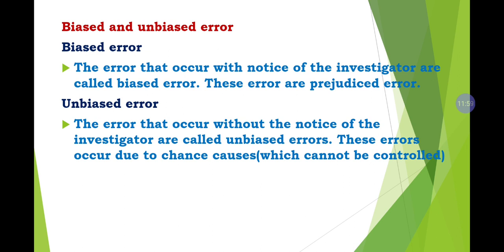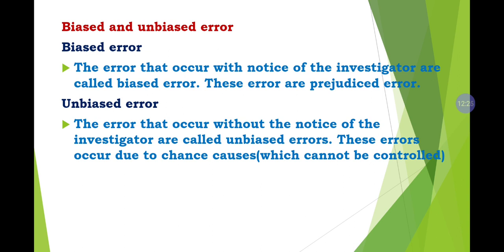Then unbiased error: the error that occurs without the notice of the investigator. Where the person doesn't know this may happen, that is called unbiased.